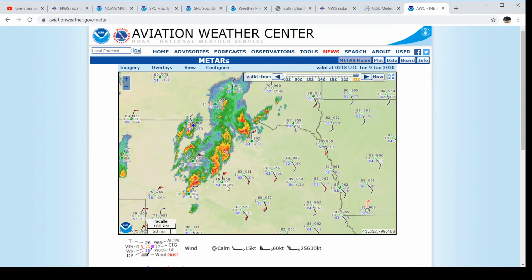Southeast. That's interesting. So I guess our front's like right in here. You can see because these winds are coming this way, and you got winds coming down this way, and they meet right here. That's very interesting. You can see it right there.